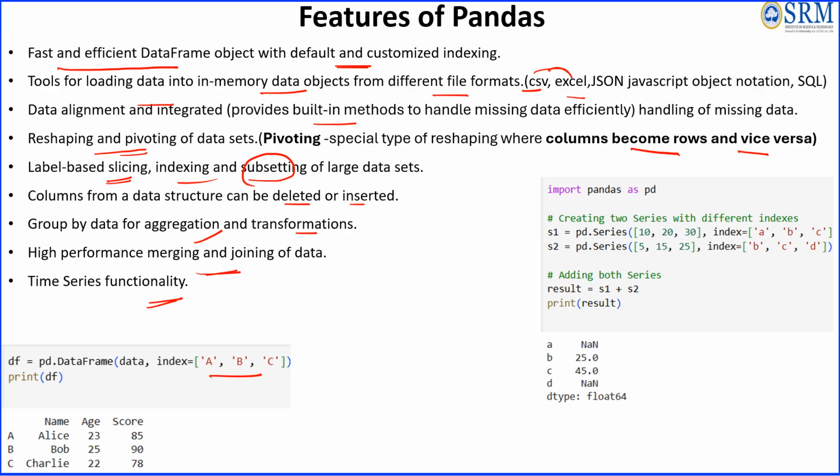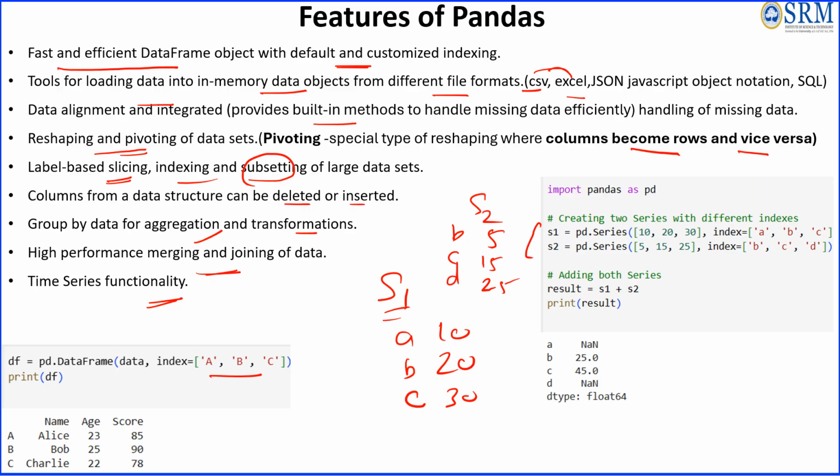Suppose I want to print S1, how does it look? It has 10, 20, 30 and the index is A, B, C, and for S2 the index is B, C, D, and the data is 5, 15, 25. This is how the pd.Series looks for S1 and S2.